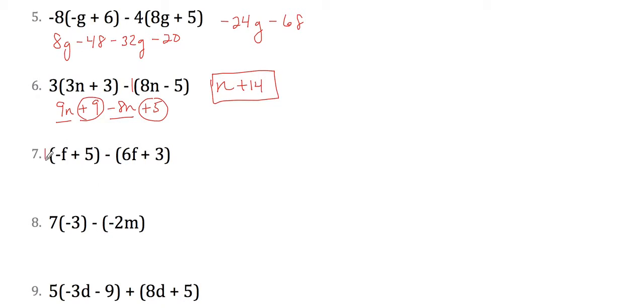Number 7, we have two 1s in front of there, a 1 and a negative 1. So 1 times negative f is negative 1f, so we just write negative f. 1 times 5 is 5. Negative 1 times 6f is negative 6f, and negative 1 times 3 is negative 3.